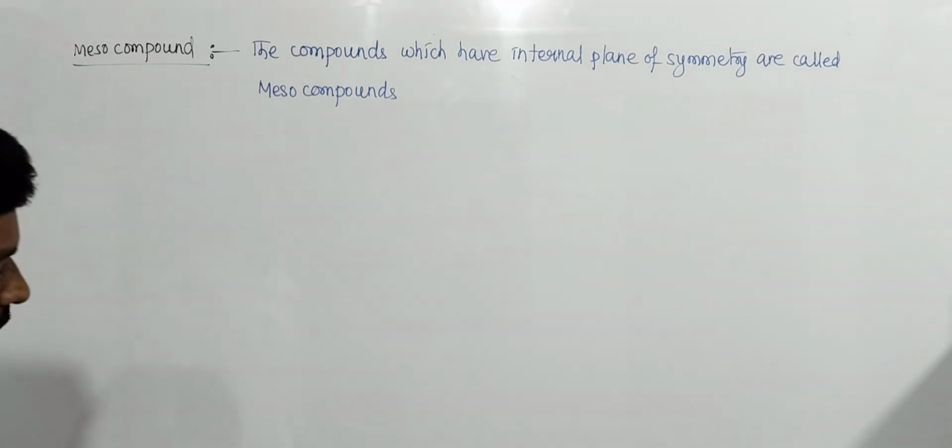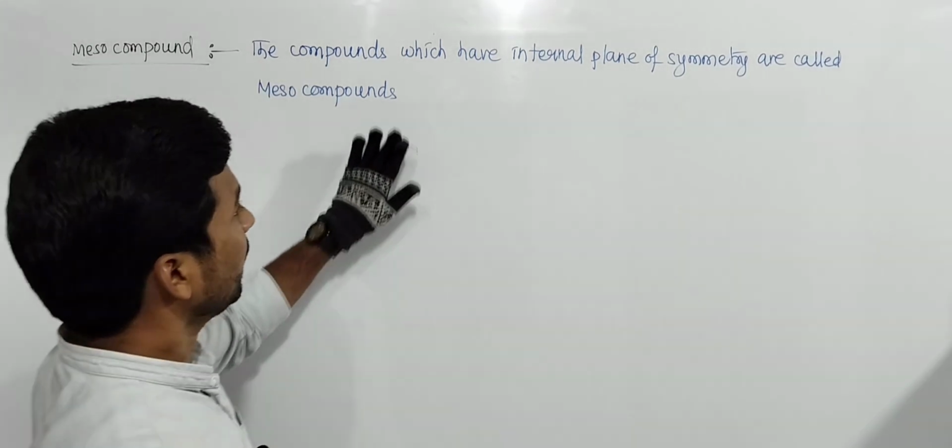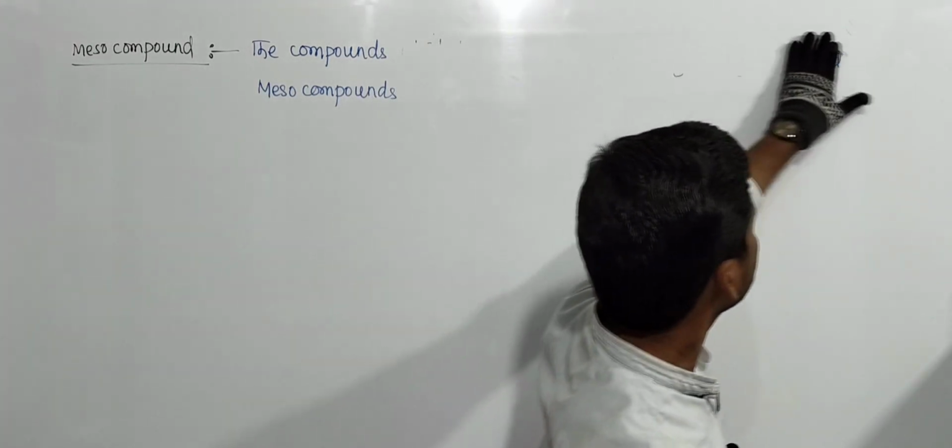The compounds which contain more than one chiral center and an internal plane of symmetry.